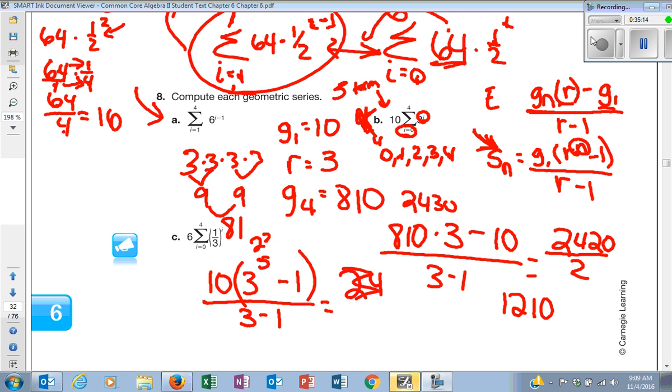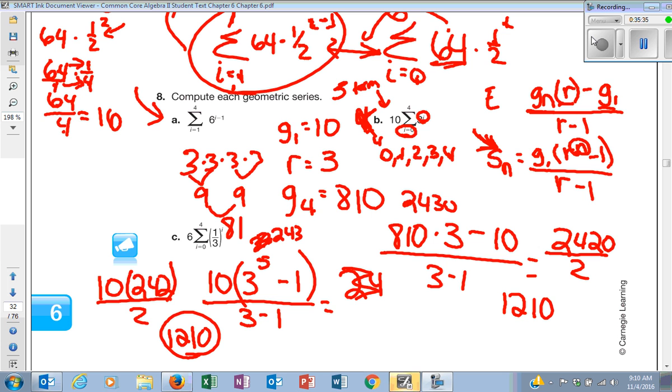I minus 1, and I get 242. I get 10 times 242, all divided by 2. And when I do that, I get my answer of 1,210. So again, they both got me to the same answer, just different ways and different formulas.